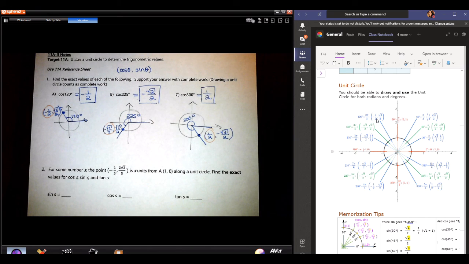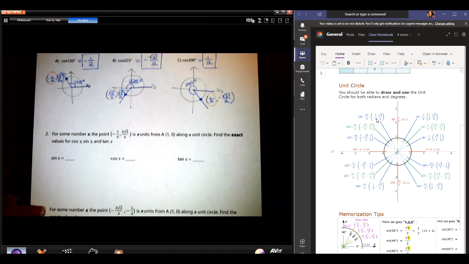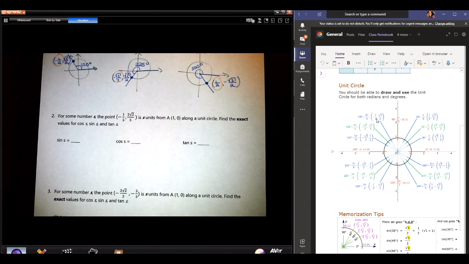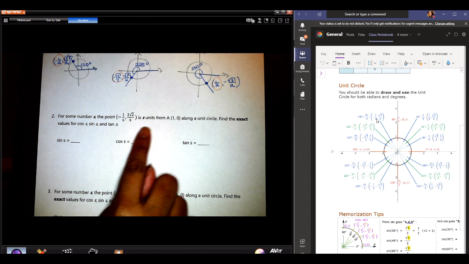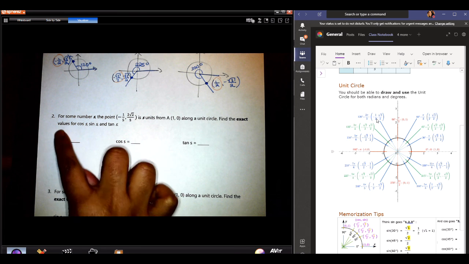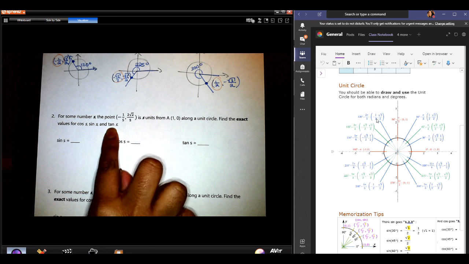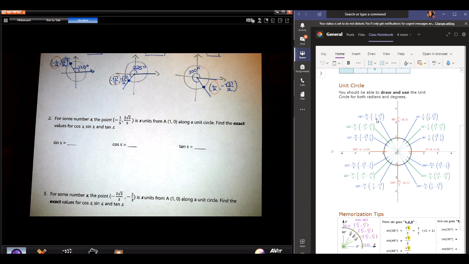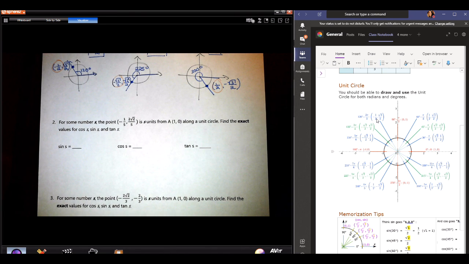All right, so this is where we should have ended up. All we're doing is showing that you can use a unit circle. That's the main purpose of today. Now there's one other thing that we're going to learn today. Right here, it asks us to find, from this point which is S units away from A10 along a unit circle, the exact values for each of these. The first thing is looking for our cosine and sine.